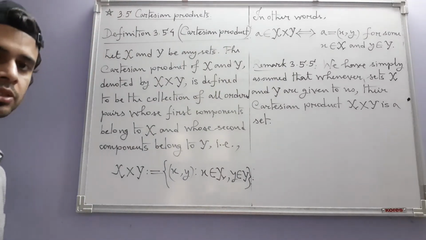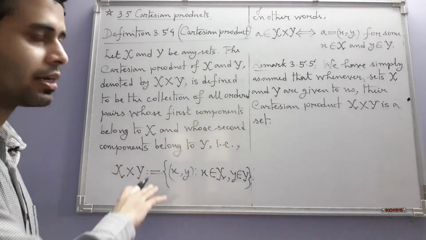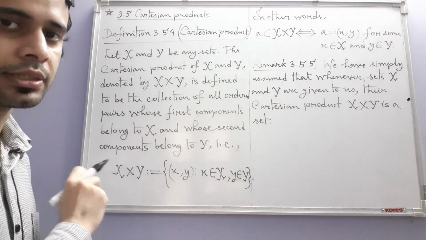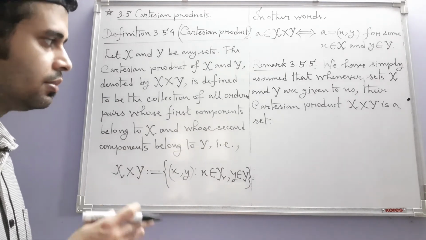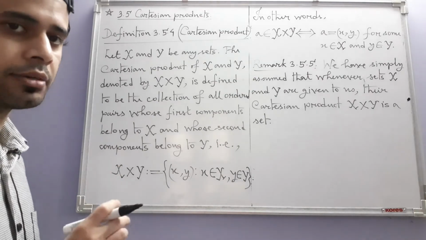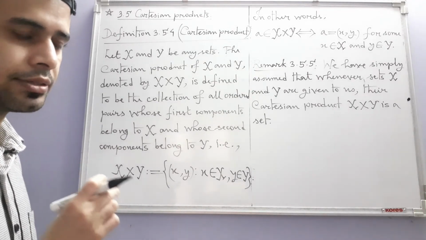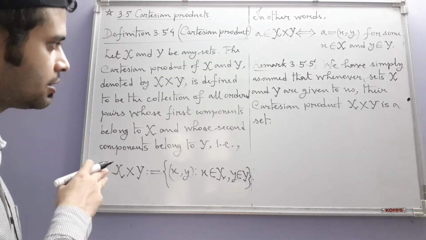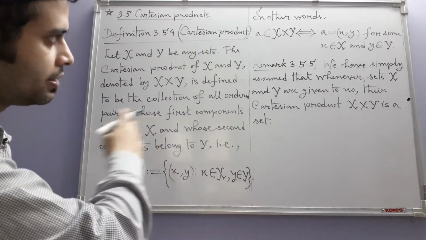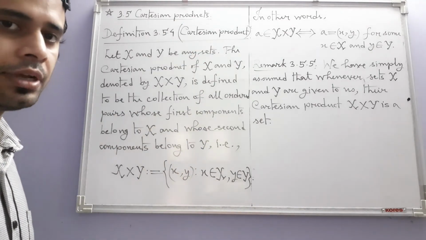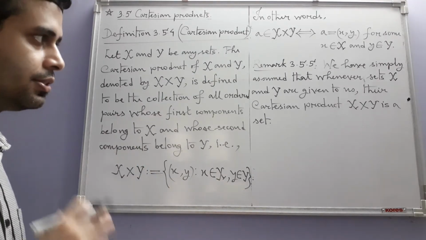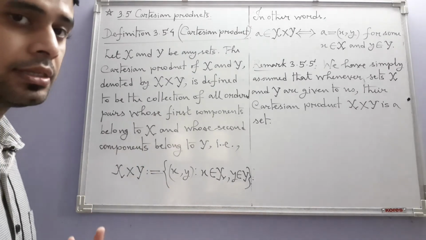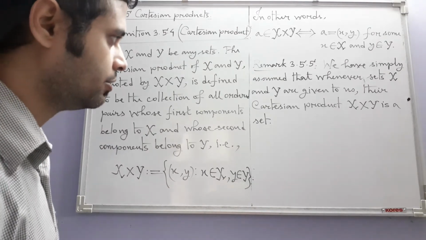Just like the assumption that we made after defining ordered pairs, that any two given elements can form an ordered pair and such an object exists, it seems like having this definition, we are assuming that if X and Y are given to us as sets, then their Cartesian product exists, or in other words, it is a legitimate set in our set theory.